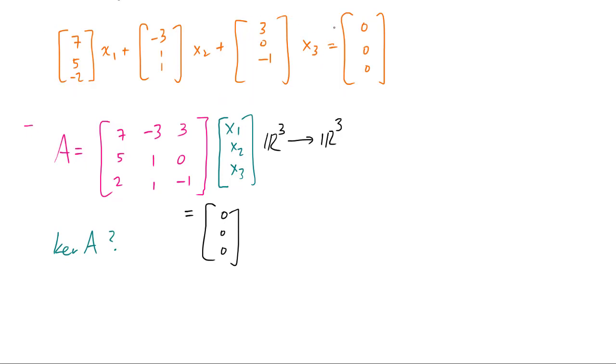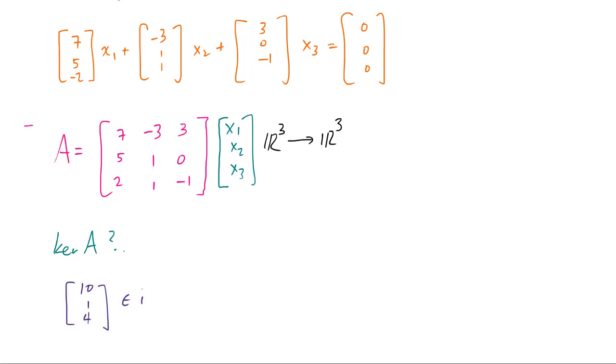And of course, we again want it to equal (0, 0, 0). So the question of finding the kernel of A is really the same question as analyzing the linear independence or dependence of the column vectors.